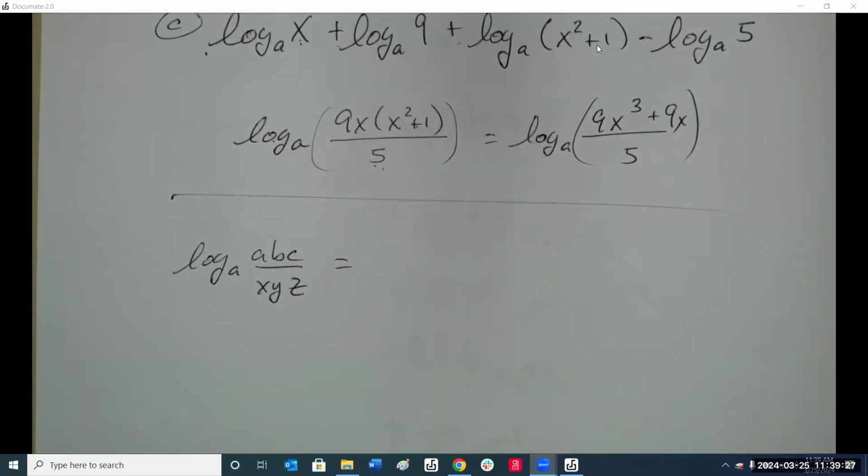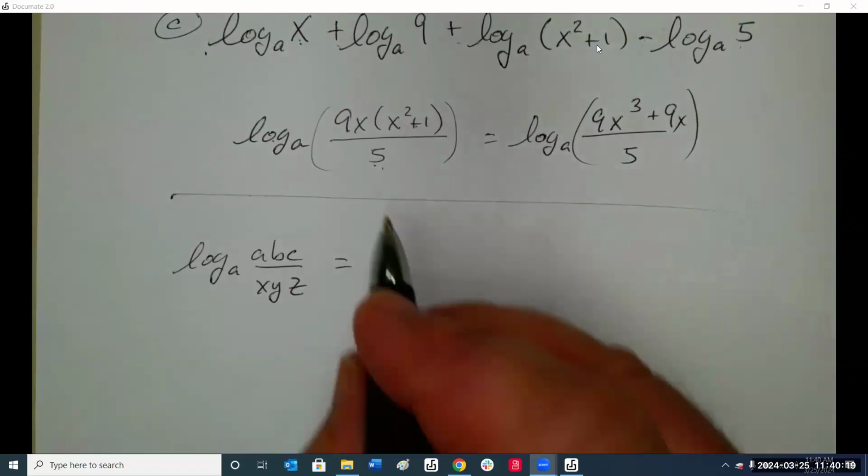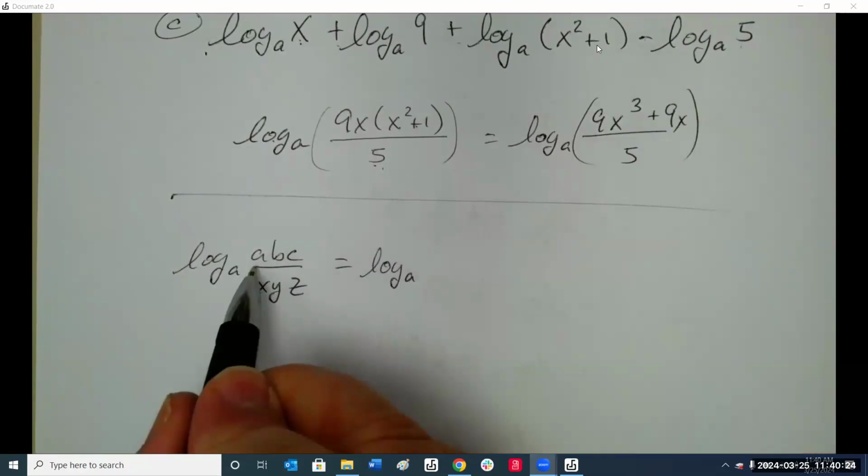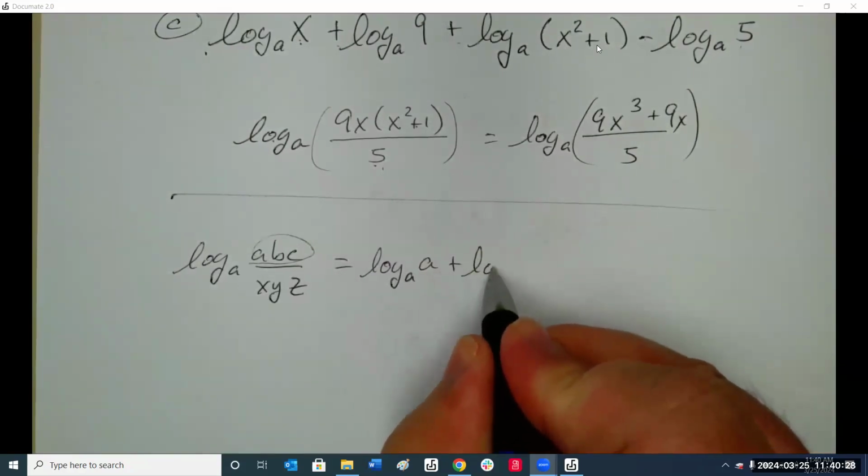How would you expand that one? Okay, so all of these on top will be separated by pluses.